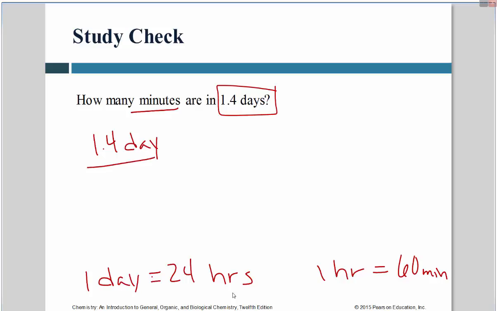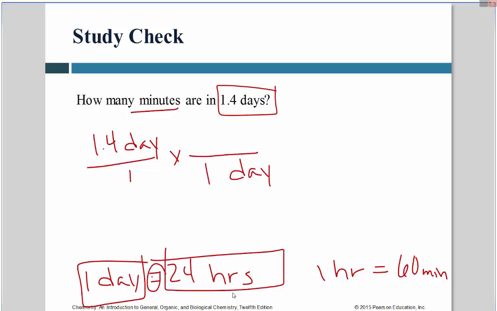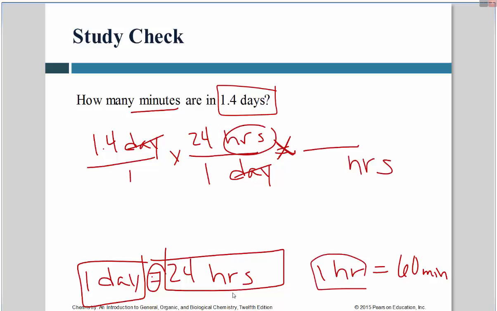Days are on top, so I want to put days on the bottom. And each day, that equals 24 hours. The days cancel. So now we have hours on top, which means I want to put hours on the bottom. For every 1 hour, that equals 60 minutes.